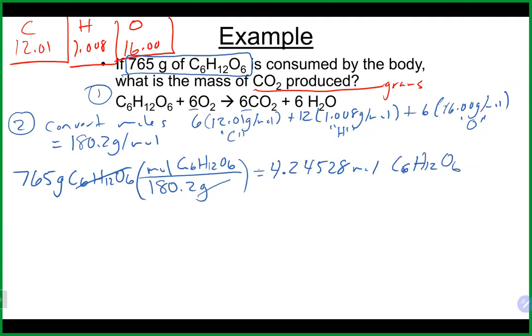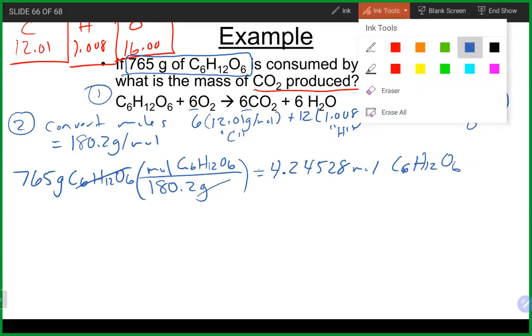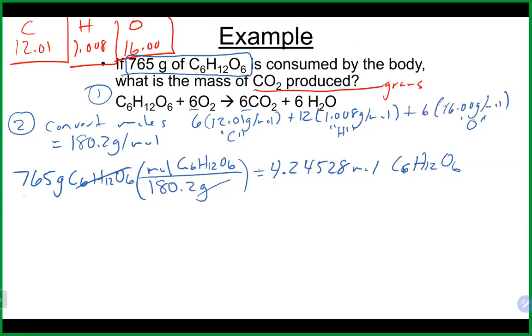The third step is now to do really the stoichiometry step. We go to the equation and find our mole to mole relationship from the equation. We're looking really at just the 2 things we're interested in: this one, which is what they gave us, and in this case, we want to figure out how much CO2.